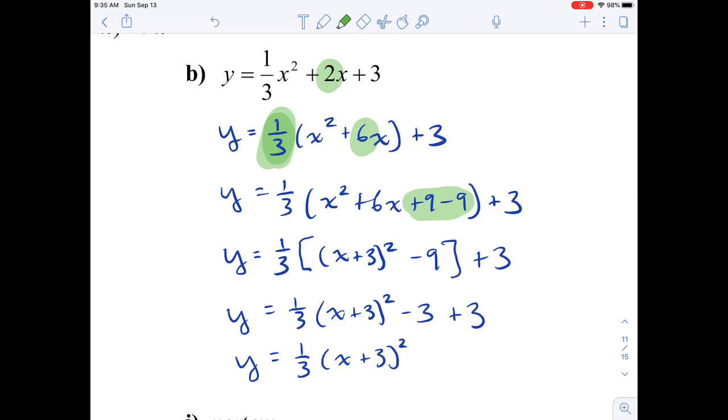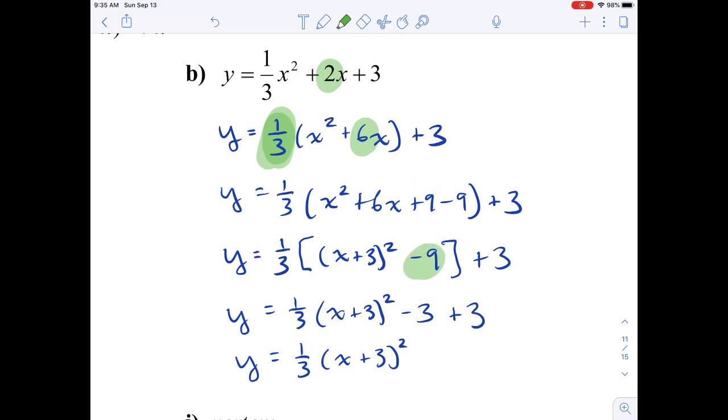And then, once again, we added and subtracted a magic number, which was 9 in this case. What that 9 allowed us to do was take these first 3 terms and factor them into this perfect square situation. But then we still had this minus 9 inside to deal with.